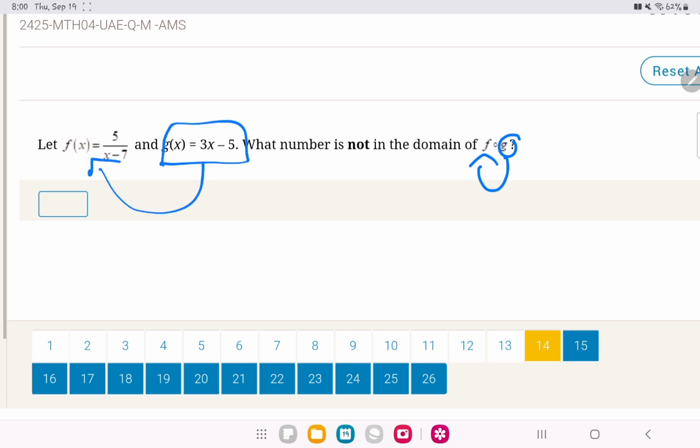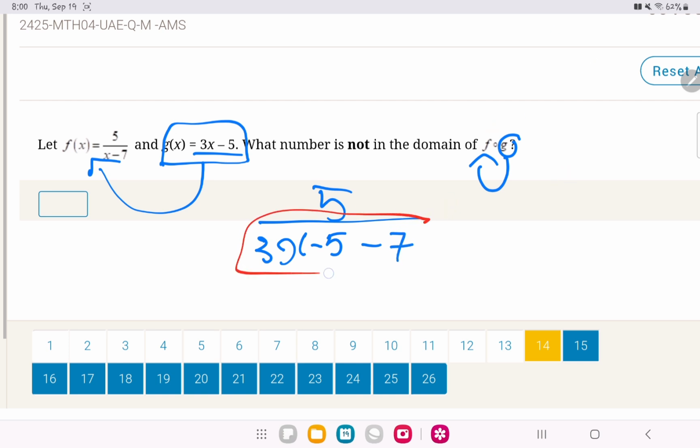it in the f. That means for every x in the equation of f, we are going to put the value of g(x), which was 3x minus 5. So 5 over, instead of x, we're going to put 3x minus 5, okay? And then minus 7. They're asking what is not in the domain of f round g.